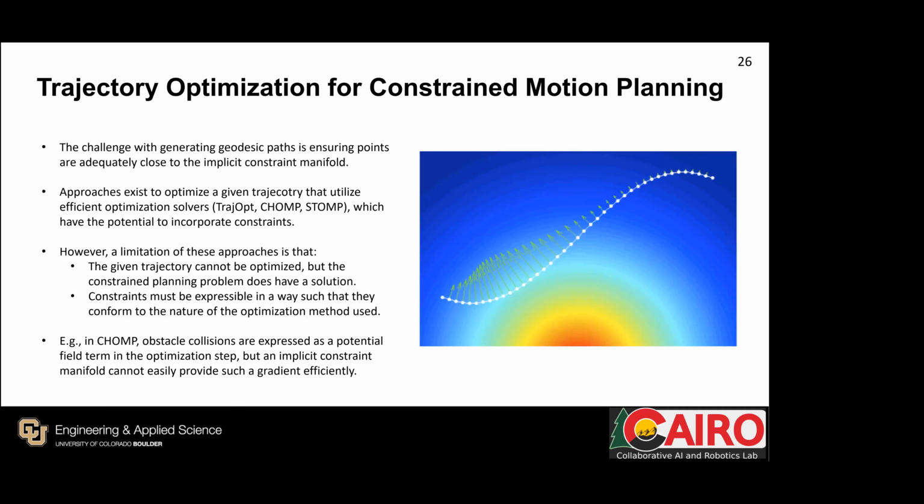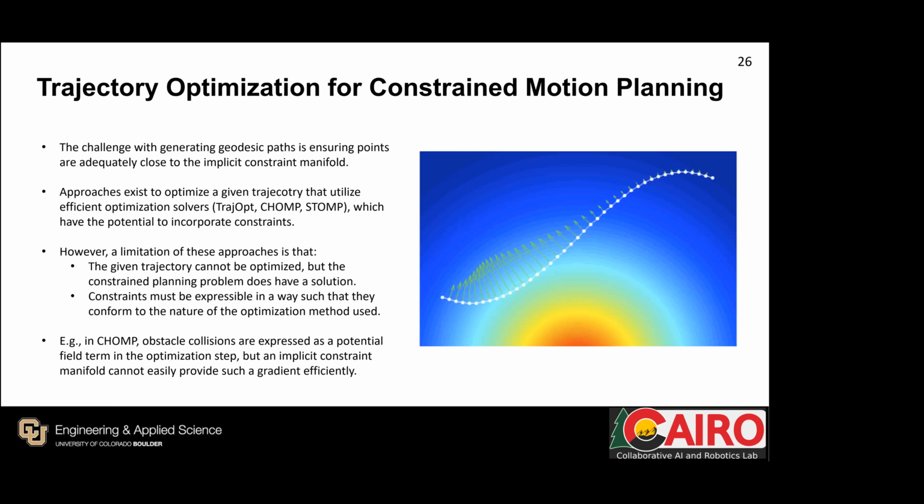So the challenge with generating what is known as a geodesic path, or a path along a manifold, essentially a trajectory or a motion plan along a manifold, is ensuring that points are adequately close to your implicit constraint manifold. Now, there are approaches that exist to optimize a given trajectory that utilize efficient optimization solvers, such as TrajOpt, CHOMP, and STOMP.